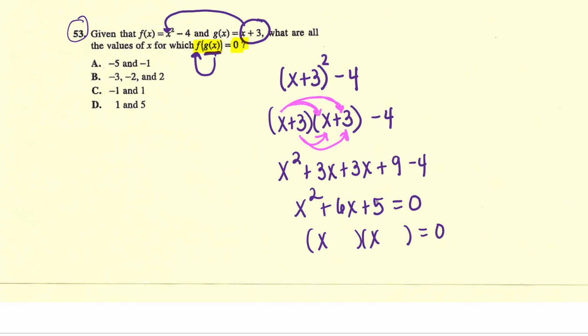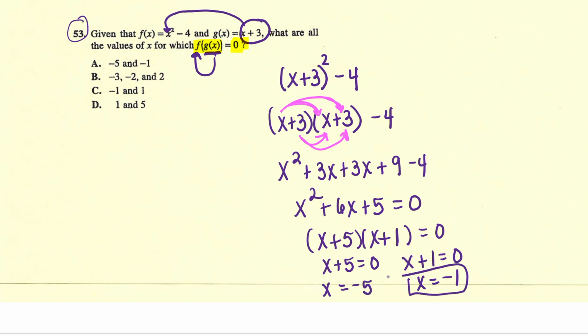What multiplies to get 5 but adds to get 6 is 5 and 1. We need two plus signs. Set them equal to 0. So x plus 5 is equal to 0. x plus 1 equals 0. Subtract. You get negative 1 and negative 5, which is going to be answer A.